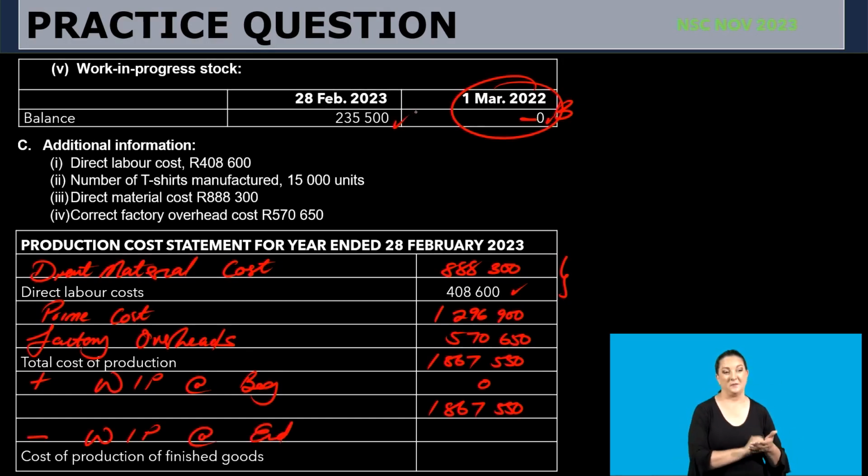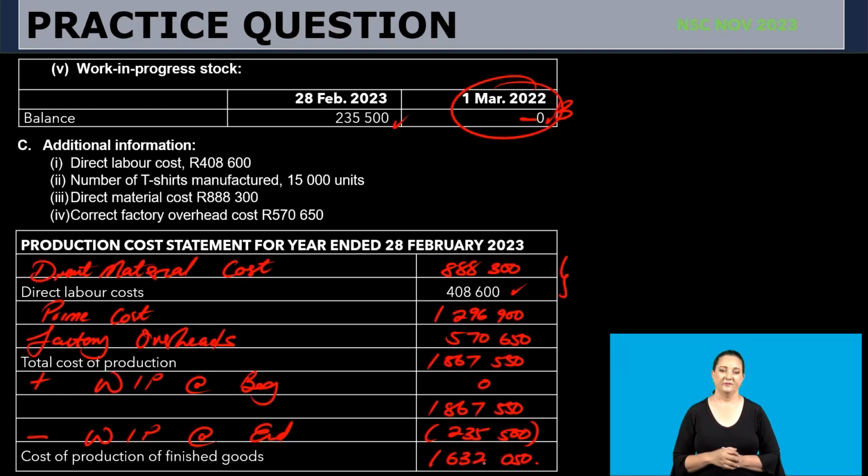And my work in process at the end is 235,500 in brackets, which would therefore give me 1,632,050. Dear learners, let us go for an ad break, and I'll see you shortly.